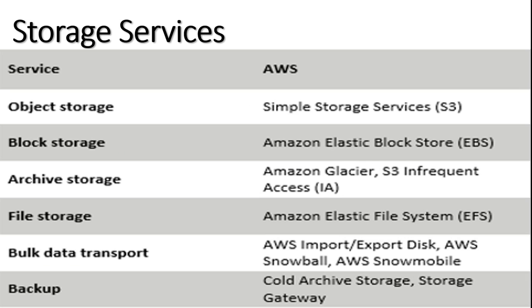First up we have object storage, which is S3. S3 is an object-oriented file storage service; S3 stands for Simple Storage Service. It is used for storing data in the form of objects in the AWS cloud.